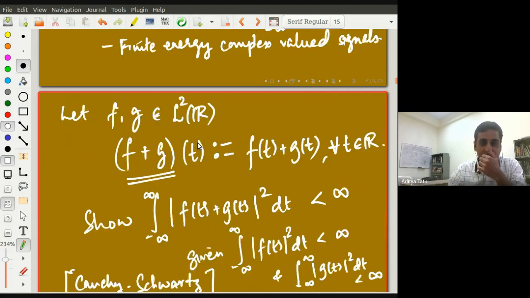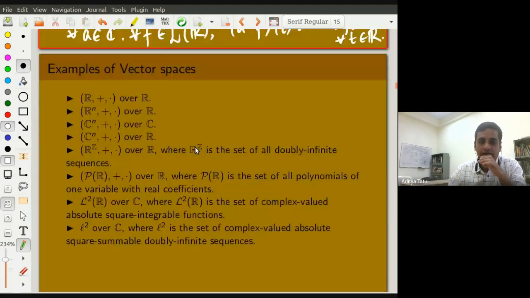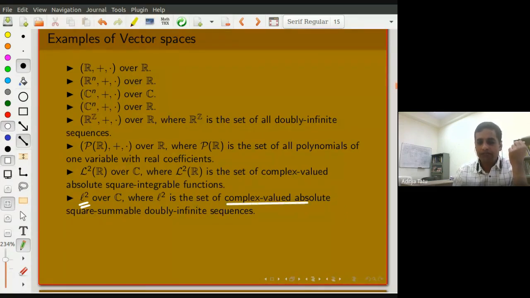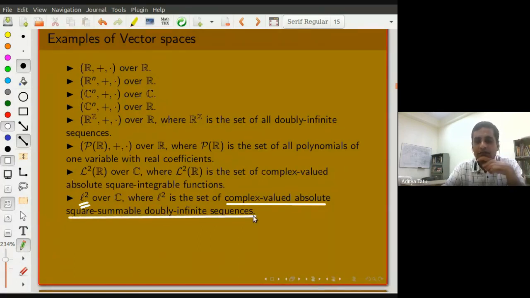Yet another example of a vector space that you have come across hopefully in your signals and systems course will be the small l2 over C. The small l2 is nothing but the set of complex valued absolute square summable doubly infinite sequences. Have you come across this example?